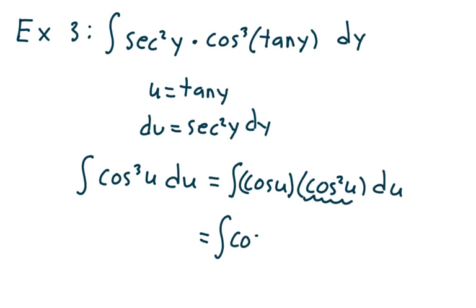So this is cosine of u times 1 minus sine squared u du. Now, if we're comfortable, we can integrate from here. But it takes time. So let's write this over on the other side. So we got cosine of u times 1 minus sine squared u du.